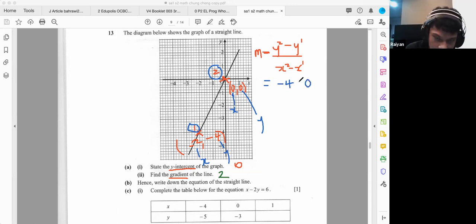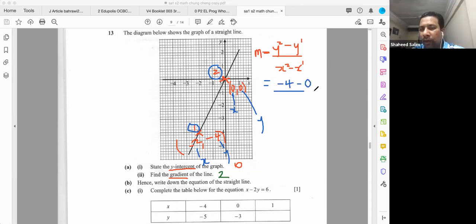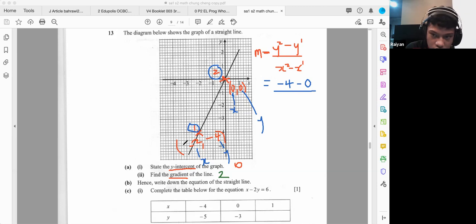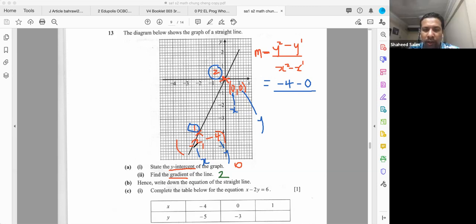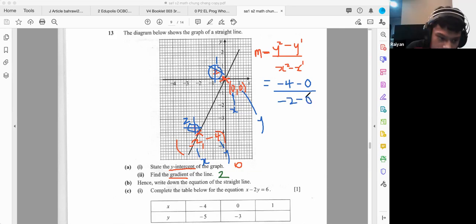So remember to put a minus here. Over, what is x2? Minus 2. Minus x1? 0. Okay, then you just put in the values like that.